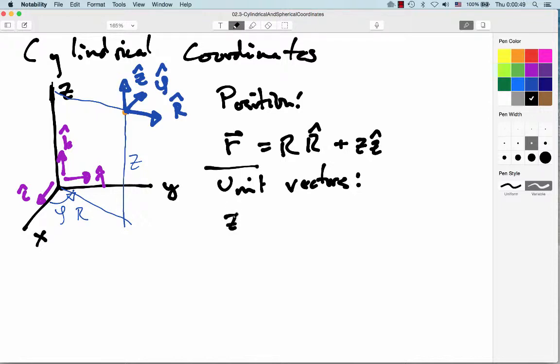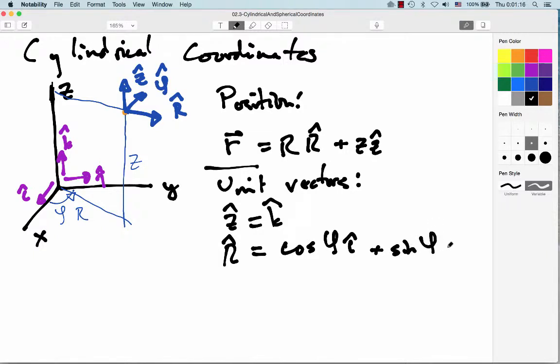So the low-hanging fruit is that z hat and k hat are absolutely equal. R hat, we're going to get, well, if we project onto the x-axis, we see that will be the cosine of phi times i hat plus the sine of phi times j hat.